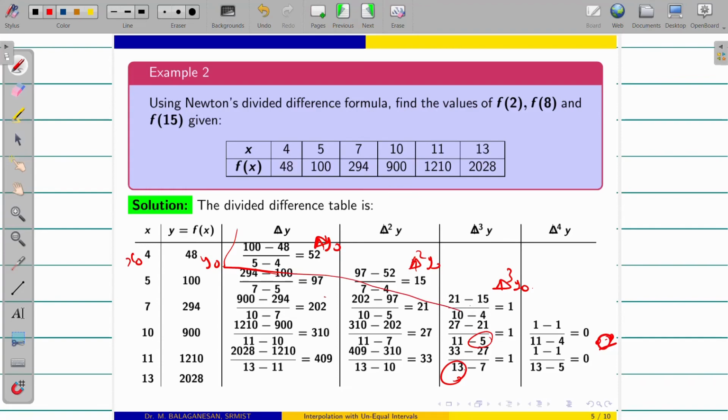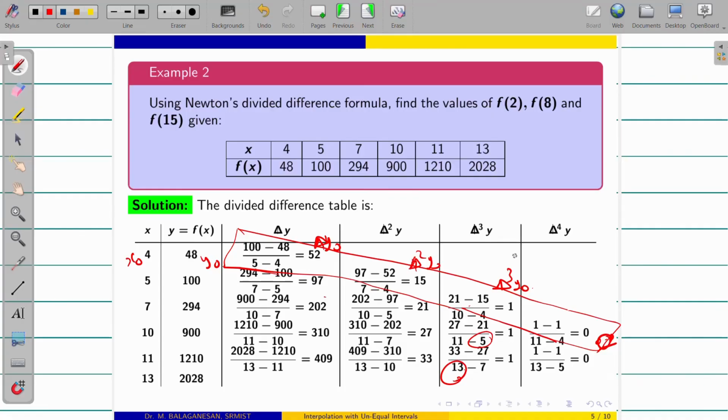That's it. These are the values we are going to take now, the first values in the difference table. Here we need not bother whether it is before the middle level or after the middle level, because for all of them we have only one family, the Newton divided difference formula. Divided del only.